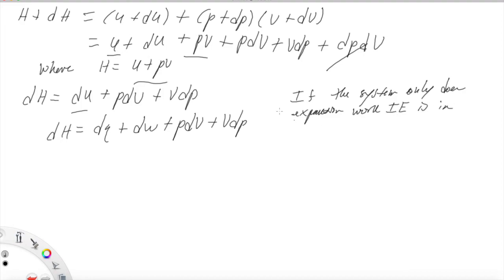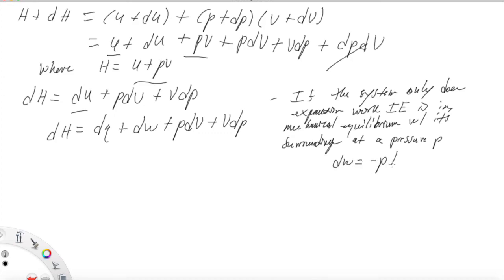If the system only does expansion work and is in mechanical equilibrium with its surroundings at a pressure P, we're saying that dW, the expansion work, is equal to negative PdV. So we can subtract the negative PdV from the PdV that's already in the equation. That takes out PdV and dW, and we end up with dH equal to dQ plus VdP.